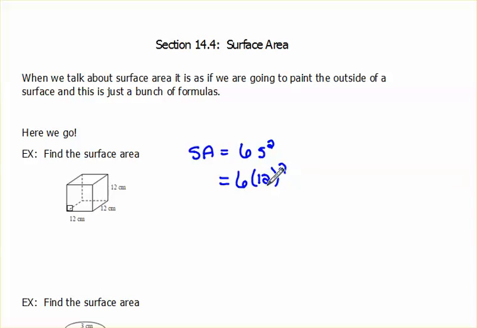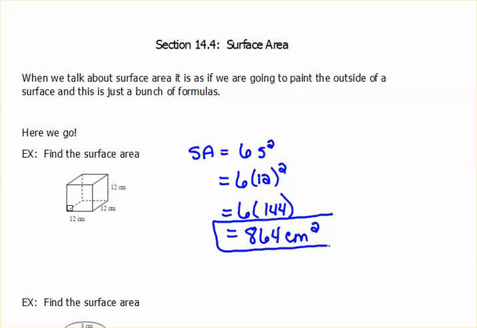So I would need to square the 12 first, so that would be 6 times 144. And then 6 times 144 is 864, and this would be centimeters, because that's the units we're working with, squared. Surface area and area both always have square units.